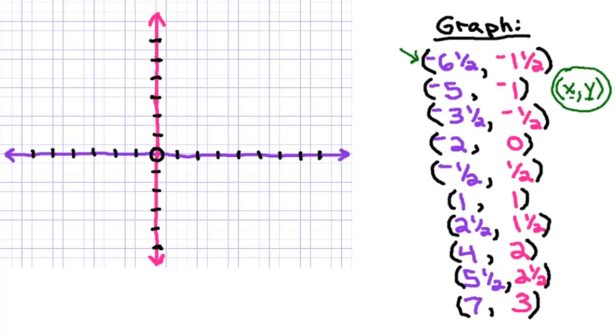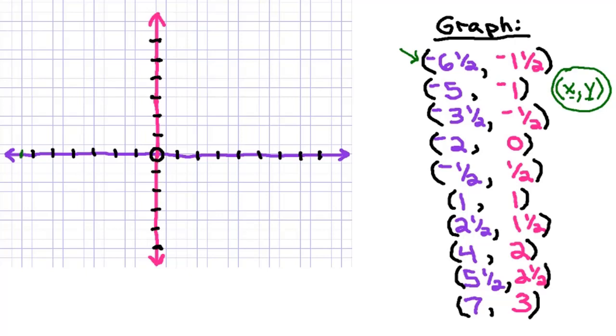So let's do this. Let's graph these, okay? Your first thing is -6.5 and -1.5. So let's start with the -6.5. And of course, that's your x-axis. That's your x value. So -6.5, we're going to go to the left of the 0, 6.5 marks.